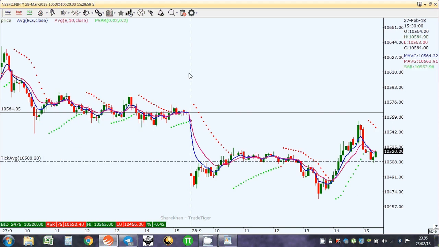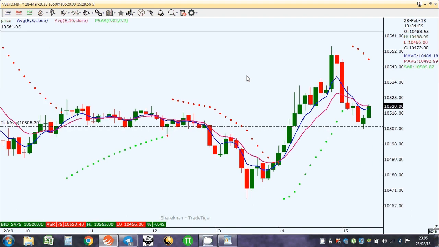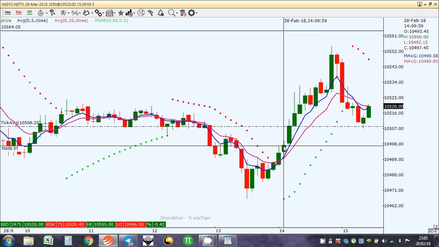Okay, we got it. So actually we got an entry here, and you can take this dot, this PSAR point, as the stop loss. You can take this as the stop loss once you get an entry here.